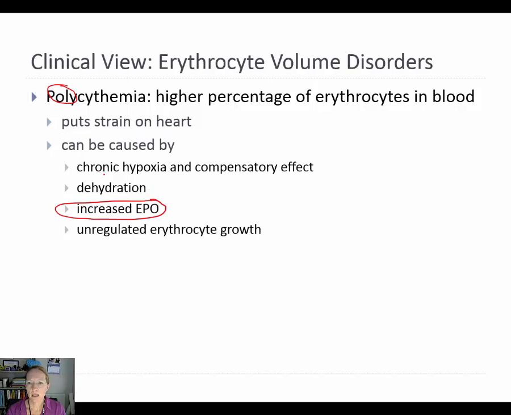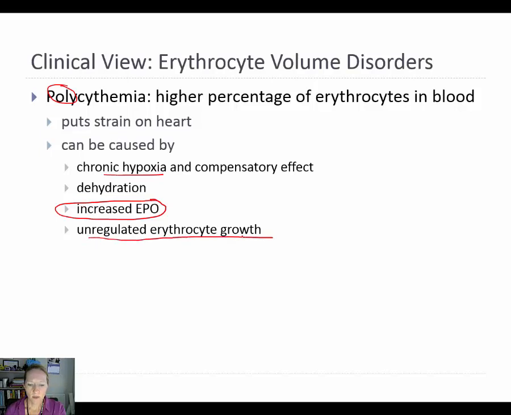Look, chronic hypoxia, even lung disorders like COPD, because there are issues with the gases, the body's thinking, oh, not enough oxygen, so it'll just pump out massive amounts of red blood cells because it's thinking that there's not enough oxygen. And then it's also caused by unregulated erythrocyte growth.